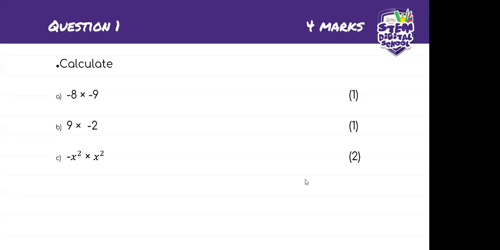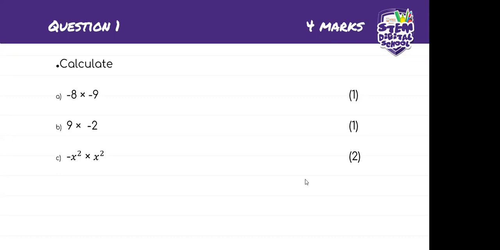When you multiply two powers with the same base, you add the exponents, and the exponents in this case are 2 and 2. So if you add 2 and 2, you will get 4. And remember, the power is the entire thing, the base together with the exponent.